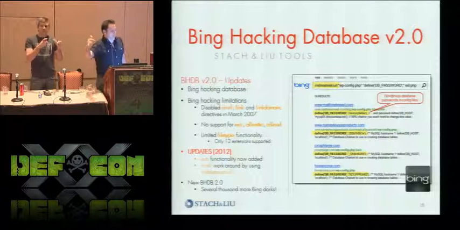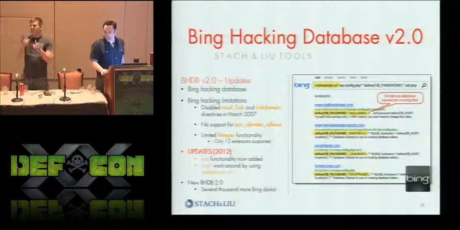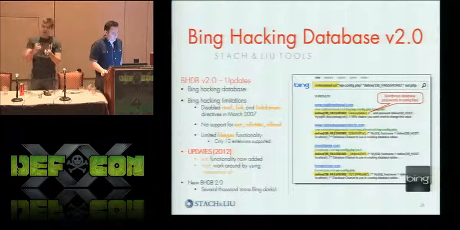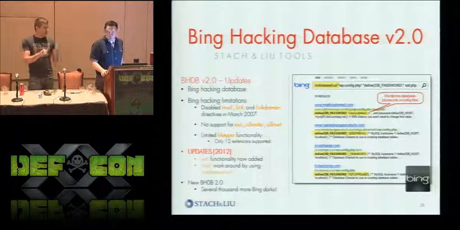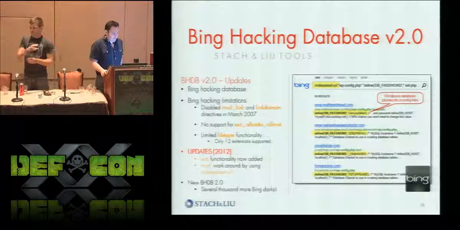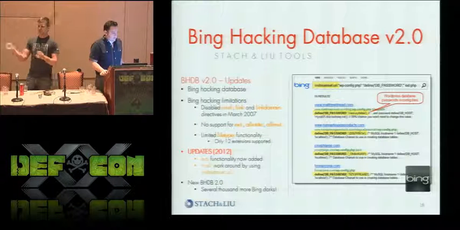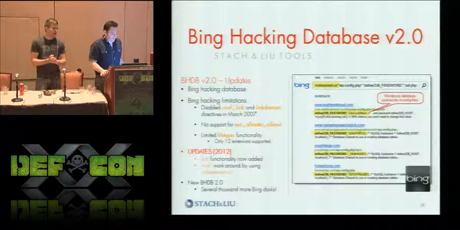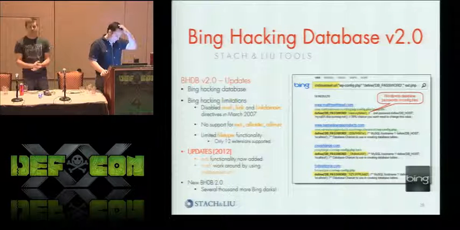And you can do instreamset body, instreamset title, or other parts of a typical HTML page. But we found that using that instreamset url, which is just kind of a footnote in their documentation that we came across, we can revive Bing hacking and make it, as Fran said, just as viable as Google hacking.